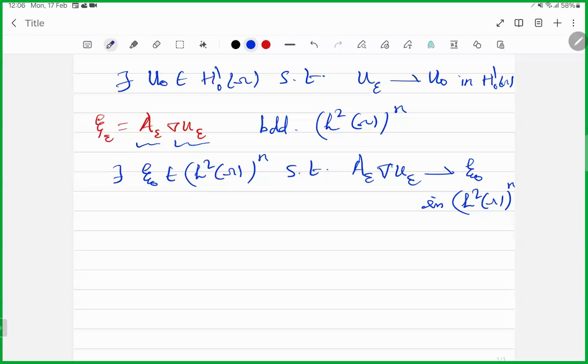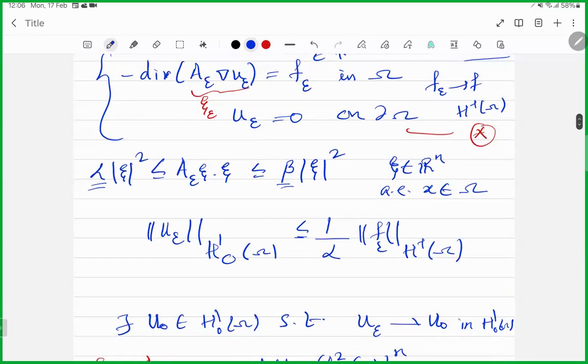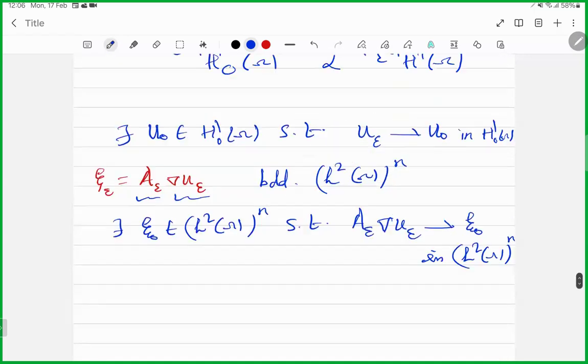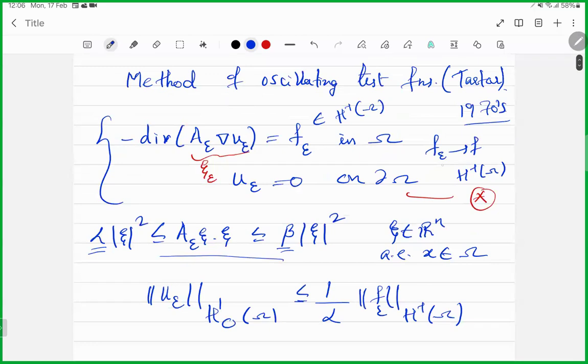We have this just from the assumption that A epsilons are L infinity and coercive. And because we have also assumed that F epsilon is bounded in H^-1, this is also bounded by some constant independent of epsilon.